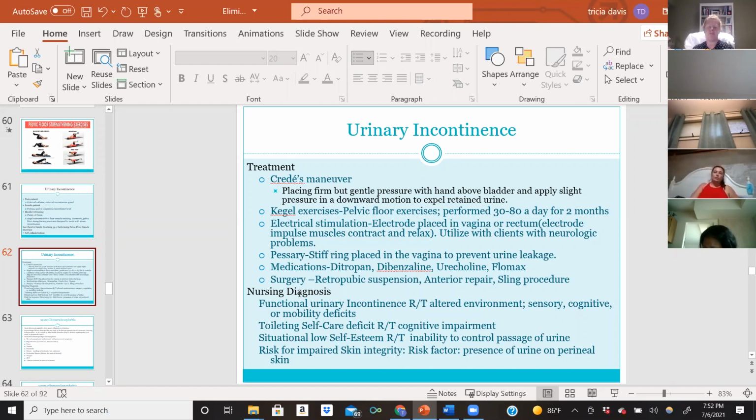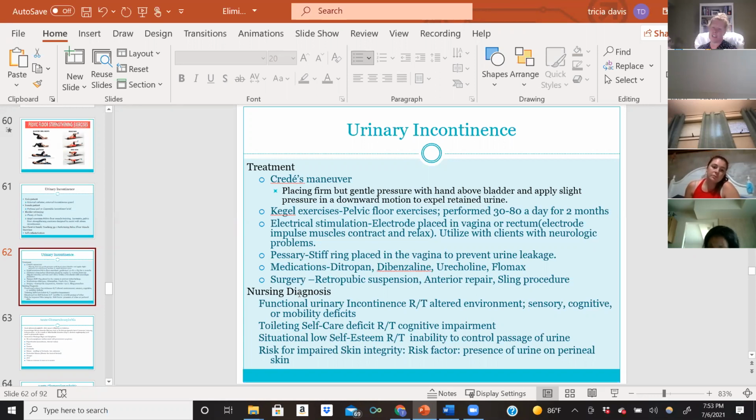Electrical stimulation. So you could have an electrode that's placed in the vagina or the rectum, and then the patient receives a series of electrical impulses that cause the muscles to contract and relax. We see this a lot with patients who have neurologic problems. We can do a pessary ring, which is kind of like a little thing that blows up and it gets put into the vagina to help prevent urine leakage.